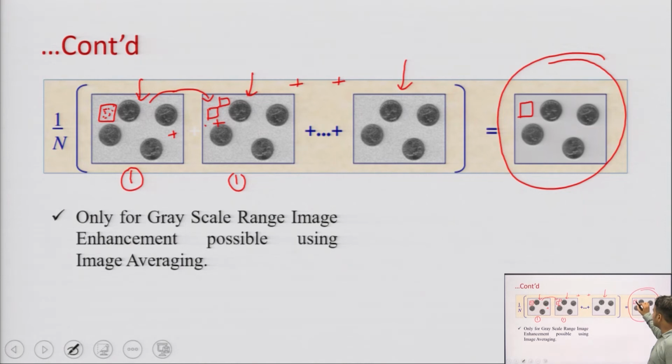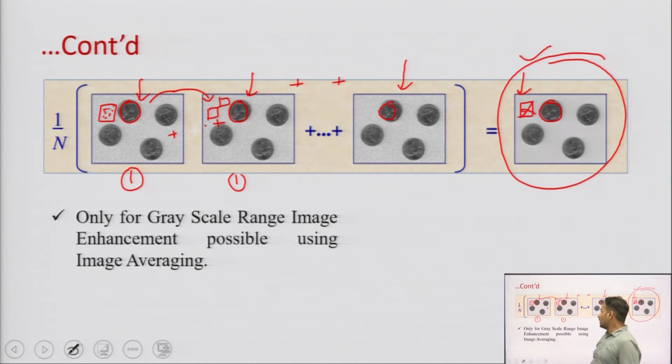That portion is removed because it is not repeating itself, while the actual portion repeats here also, and here also. At the last there is nothing, so you cannot repeat that thing. Where most of the repeating portion is, you can get the enhanced image.